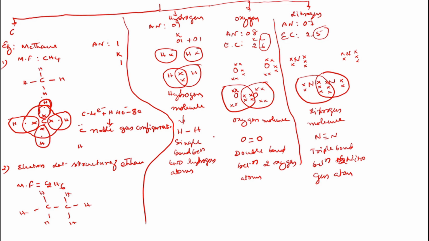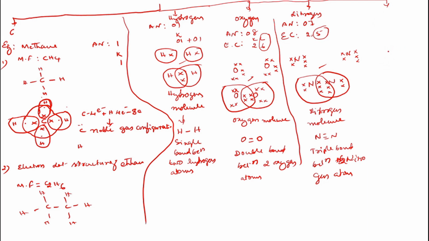See, one single bond we have discussed, one double bond we have discussed, and the triple bond we have discussed. And NH3 also we will see, how NH3 shows the electron dot structure.